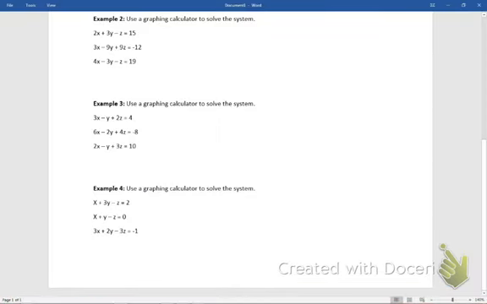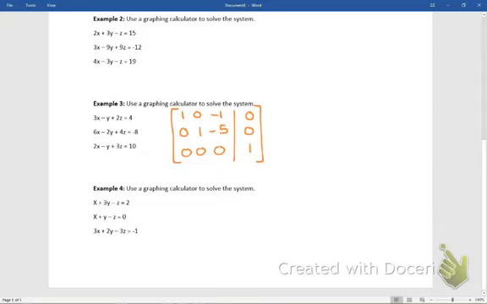So here's examples 3 and 4. Now the matrices that we got were 1, 0, negative 1, 0, 1, negative 5, 0, 0, 0, 0, 0, 1.